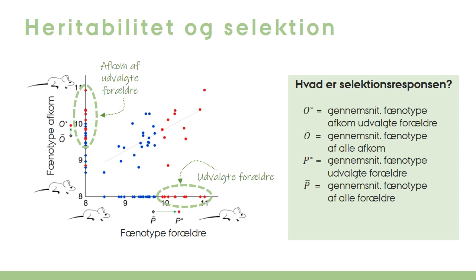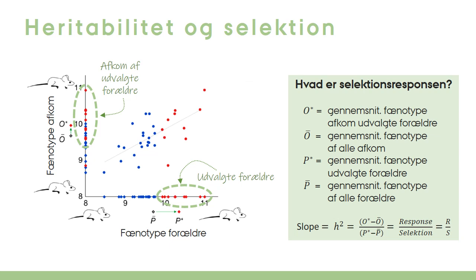The P with the star is the average phenotype of the selected parents, and the P with the bar on top is the average phenotype for all the parents. Then you can simply say that the slope that you see here, that line, is the heritability, and that you calculate by subtracting the O with the asterisk.